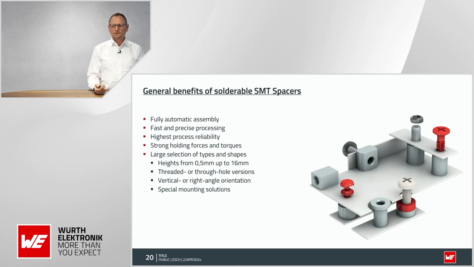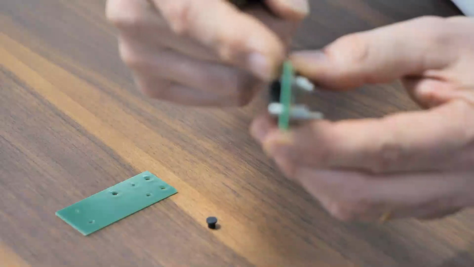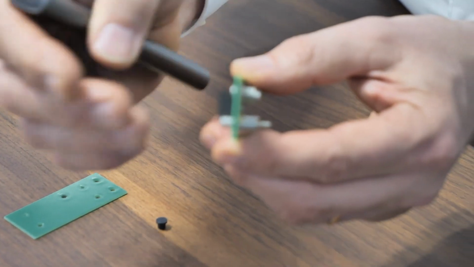The next point is that we have the reverse type. That's this type. You can see it here right on the edge of the PCB. Maybe I can show it if I turn it a little bit. You can see that it makes the distance to the bottom, to the ground.